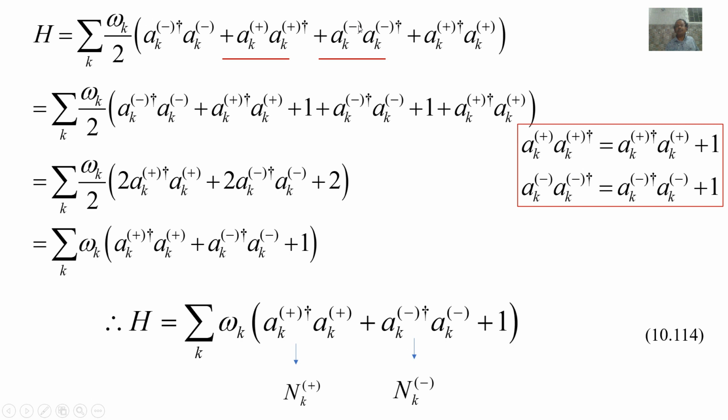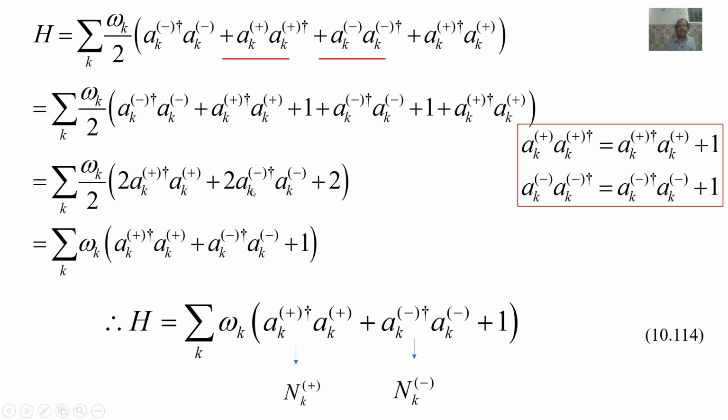So this second term becomes second term plus third term, and the third term becomes third term plus fourth term. Now 1 plus 1 will give us 2 here. And the first term, ak minus dagger ak minus, and the fourth term can be combined together and written as 2 times ak minus dagger ak minus.